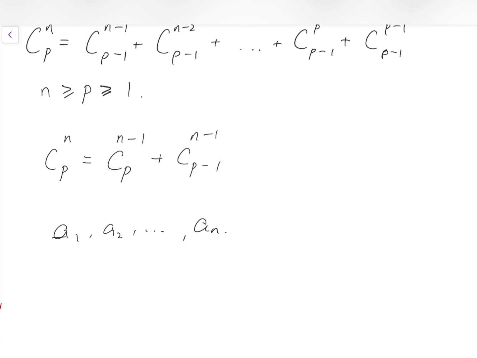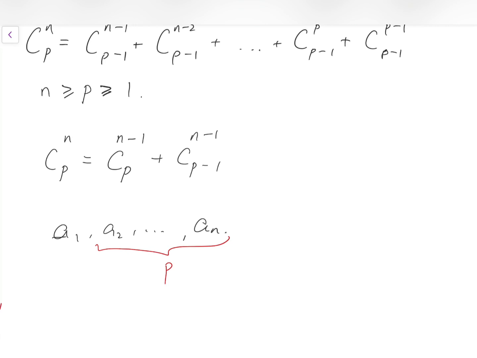The first case is choosing a1, and then after that, we can choose p minus 1 items among the remaining n minus 1 items, or we choose to not pick a1, then in that case I'll have to choose p items among the remaining n minus 1 items.